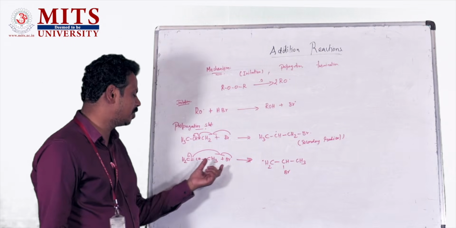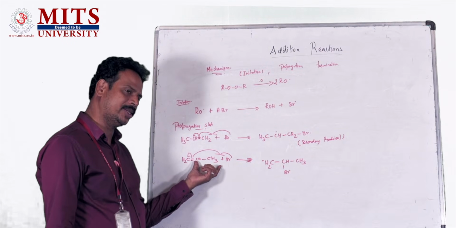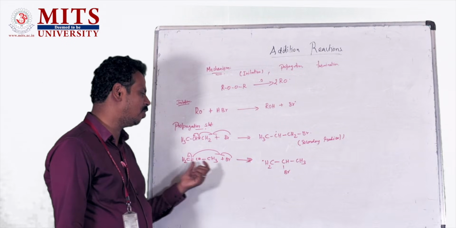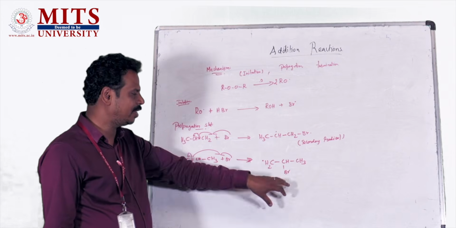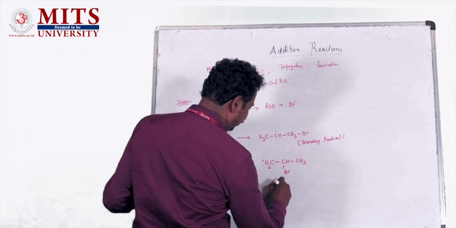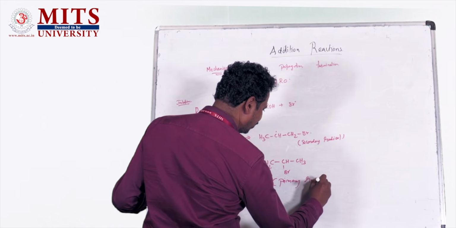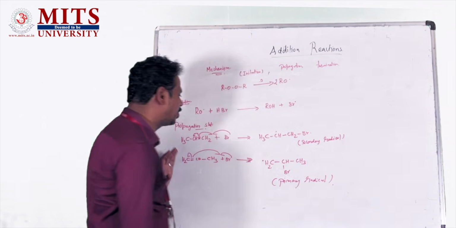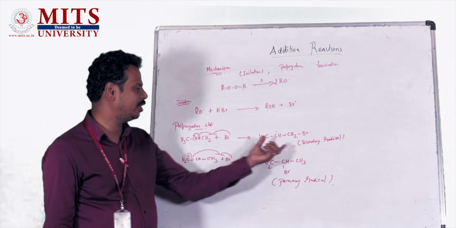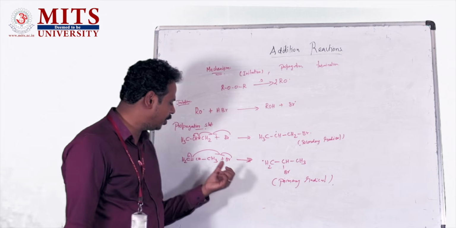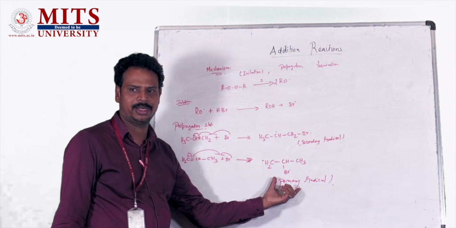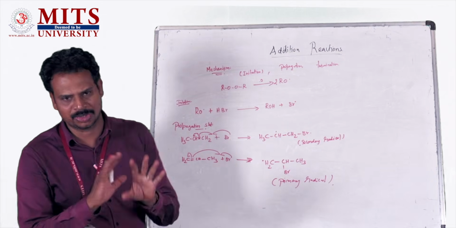Suppose this carbon and bromine bond in the second case, and the CH2 forms as a radical, this radical is called a primary radical. So there are two possibilities, what I'm talking about. In the propagation step, either you can get a secondary radical or you can obtain the primary radical.